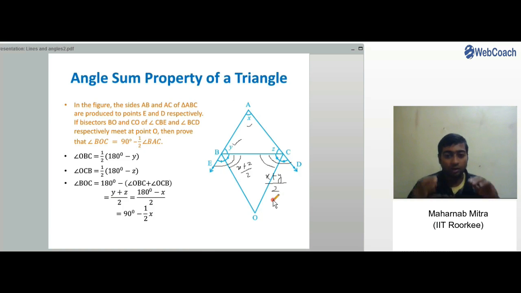You can get it very easily by replacing x plus y plus z with 180 degree, and you will see only one x is left out, and ultimately you will end up with the same expression, which is 180 degree minus x by 2, and ultimately you will get 90 degree minus half x.